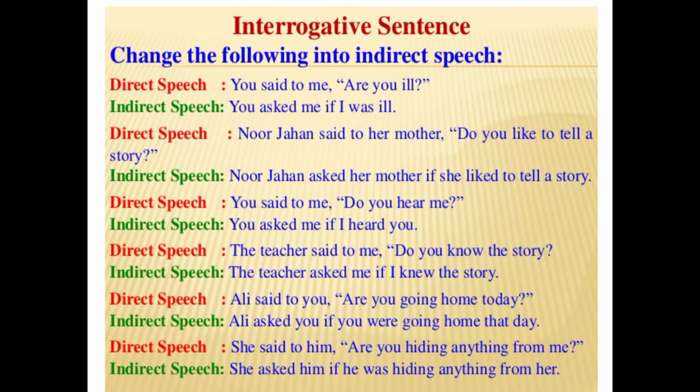You do not have to use "told". So you have to say "you asked me", and if the question starts with a helping verb, meaning are, is, am, that's why we put "if". Now "me" is the object, and because "you" is the second person, we change it according to "me".